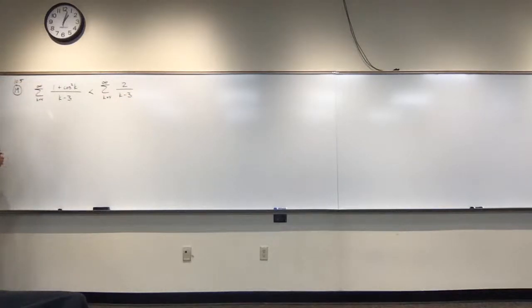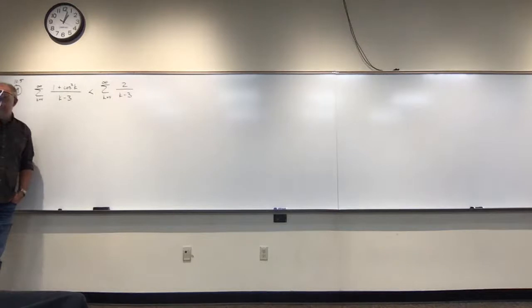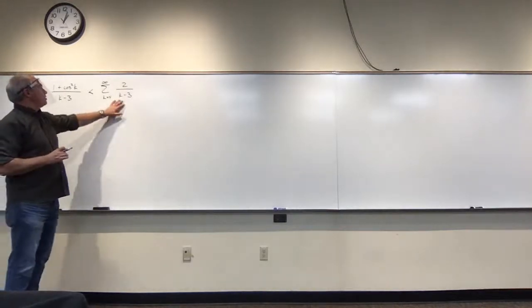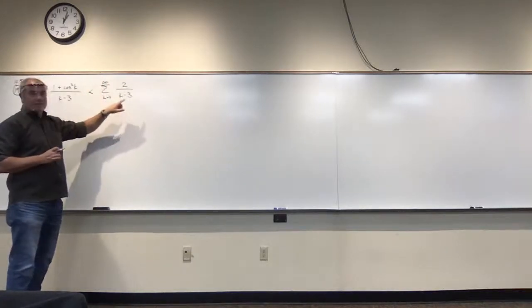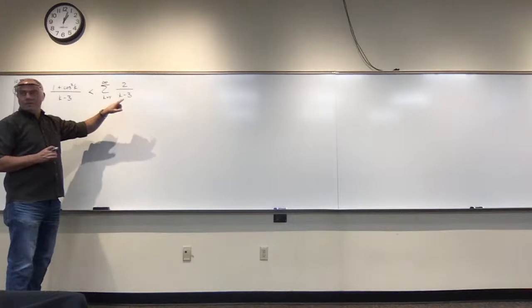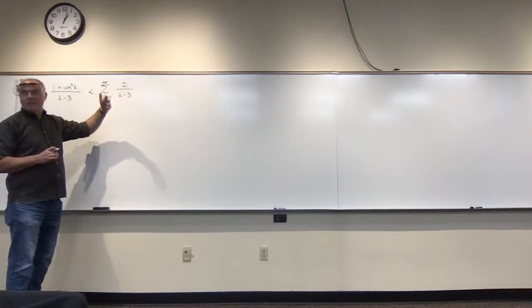Okay. Let's see. Do I like this? Just a second. This is true, but it is not helpful. Okay, and why do I say that? Well, let's look at this for a second. What is this sort of kind of like? Sort of like 1 over k, right?